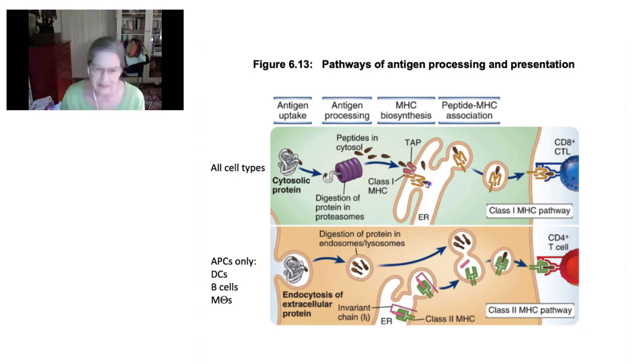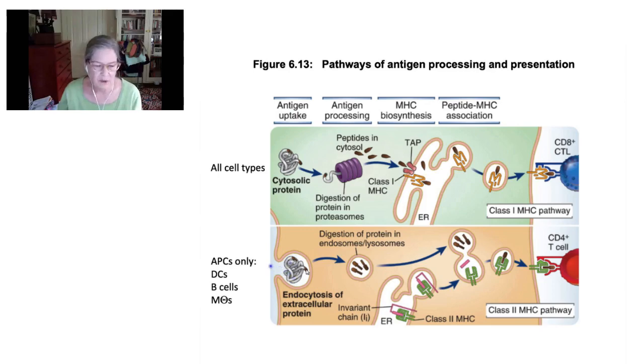It's not an epitope, they're called anchor residues, but the correct anchor residues with the correct spacing allow it to bind very tightly to that MHC molecule, which then allows it to leave and go to the surface of any kind of cell.